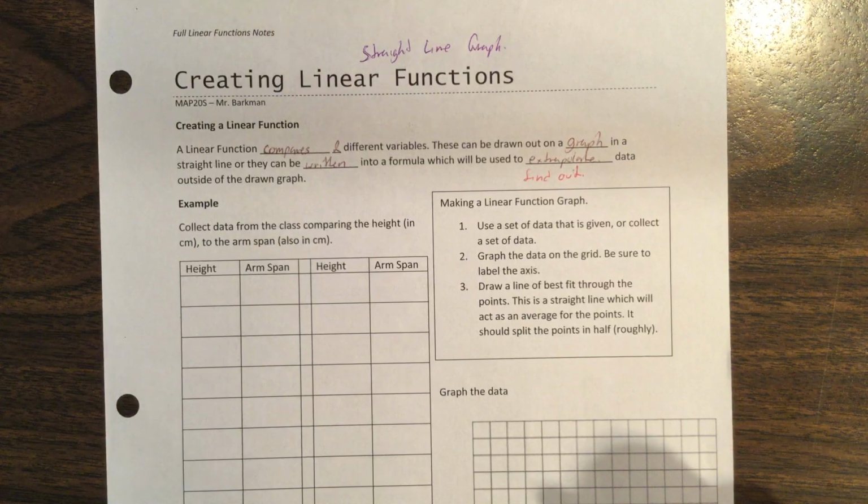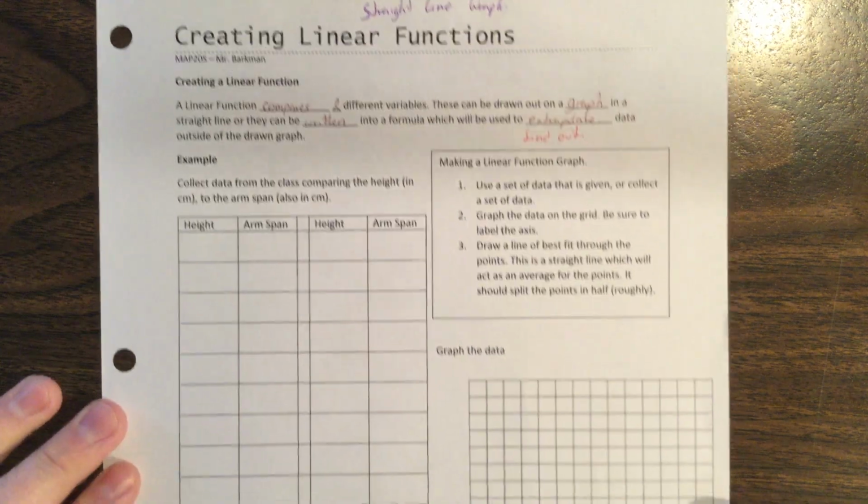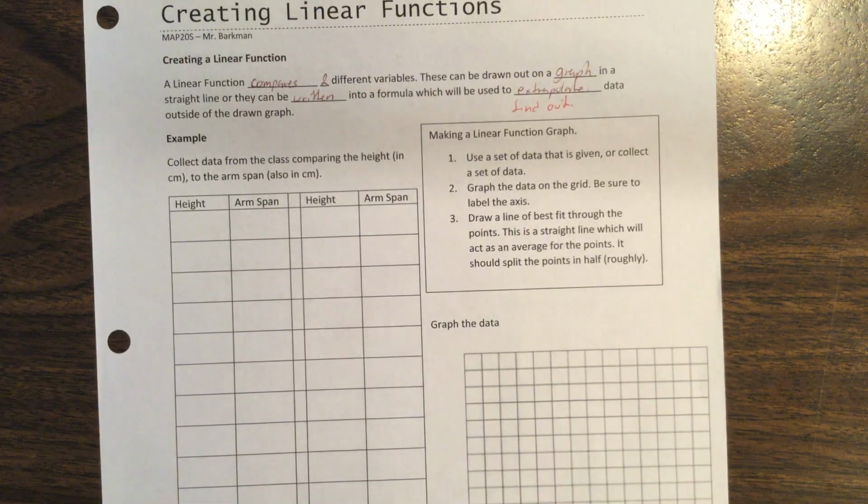So I'd like to take a look at an example, and this example is really difficult to do without the class in front of me, but I'm going to use an example from a previous class. If we were in class, I would be doing this example with all of you. We would be using measuring tapes, and we would be determining how tall each of us was, as well as what our arm span is.